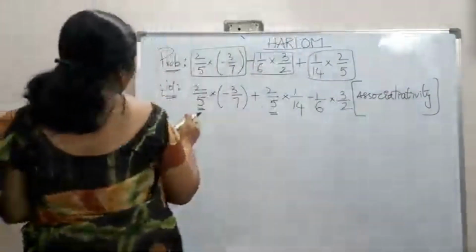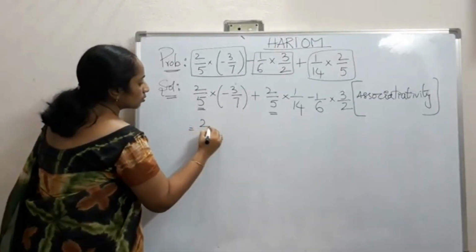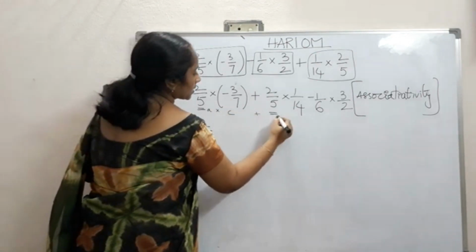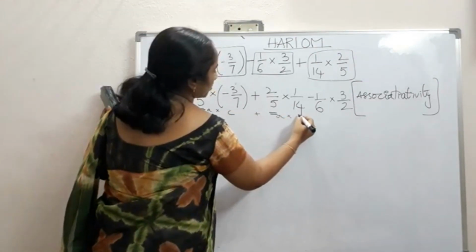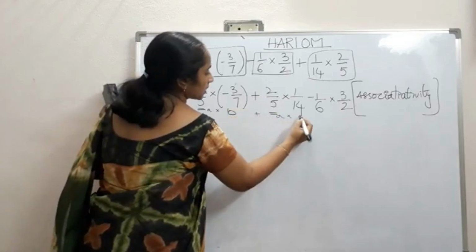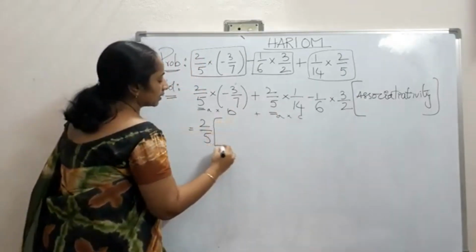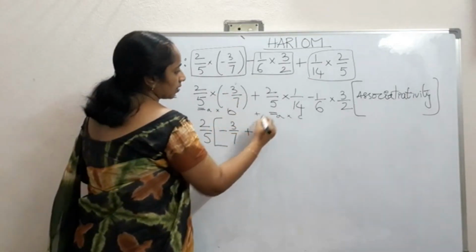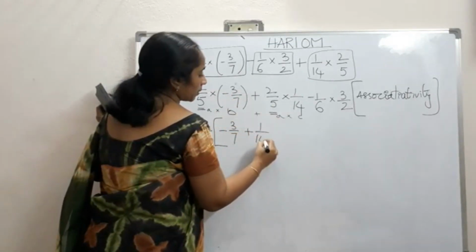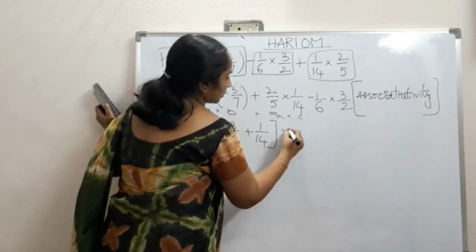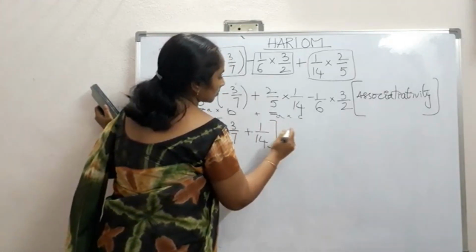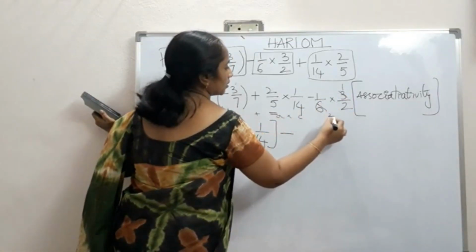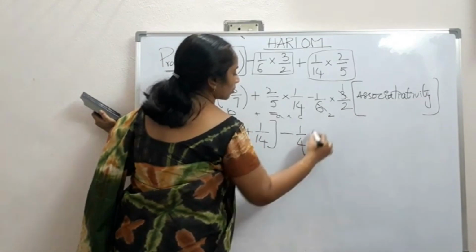Now it is 2 by 5 into c plus a into b plus a into c. Take that a minus 3 by 7 plus 1 by 14 minus, here it is 3 ones, 3 twos, 1 by 4.